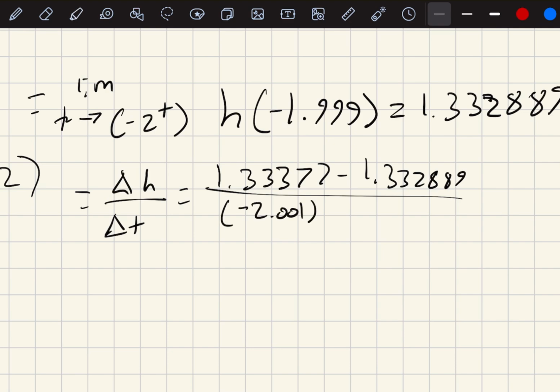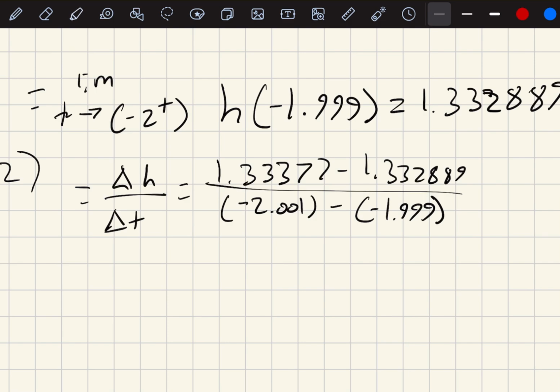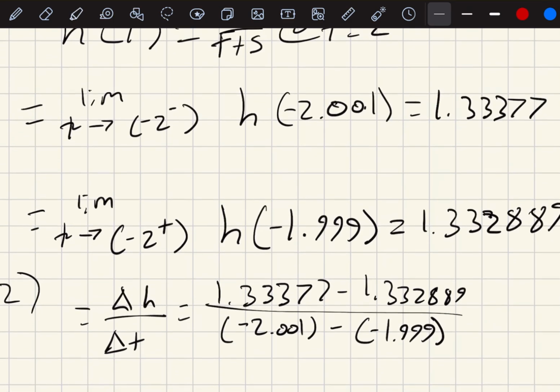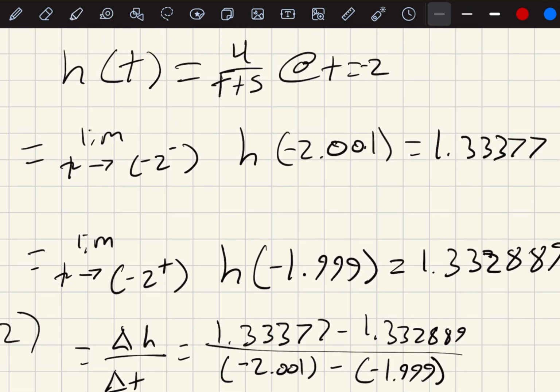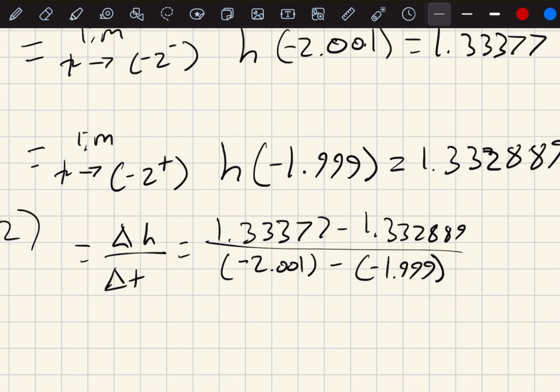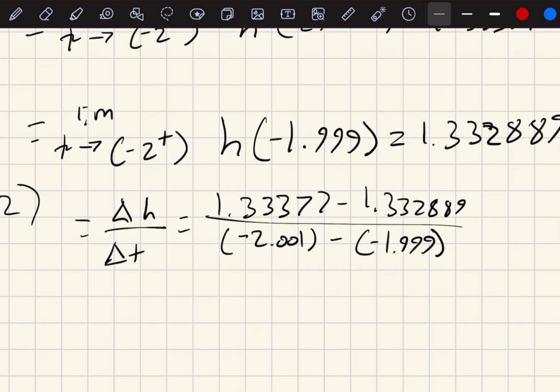Plug those in. Our delta h values will be our outputs for h of -2.001 and h of -1.999, and our delta t values will be down here.